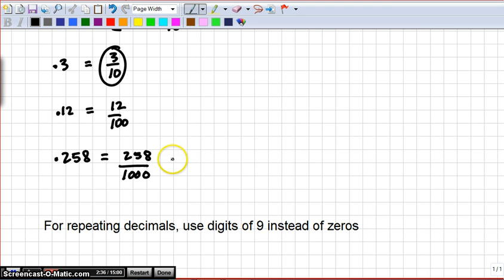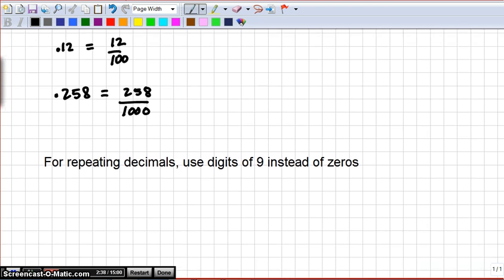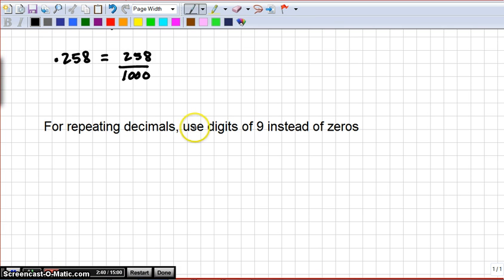What about repeating decimals? For repeating decimals, instead of putting the number over zeros, you're going to use digits of 9 instead. For example, let's take the number 0.3 repeating. Most of us know that one or have it memorized, and we've decided that that fraction is 1/3.